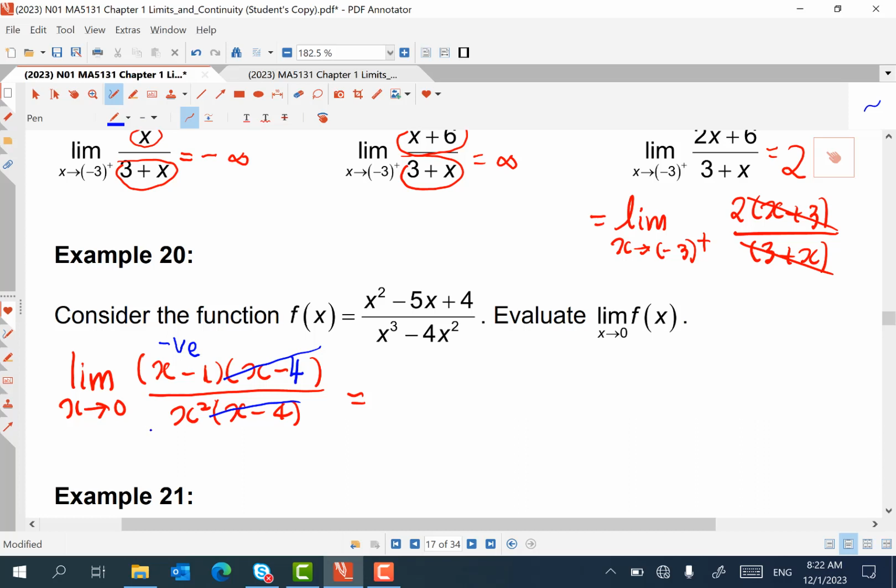The denominator is a very small positive number. Small and positive. So altogether, we are going to get negative infinity. This is example 20.